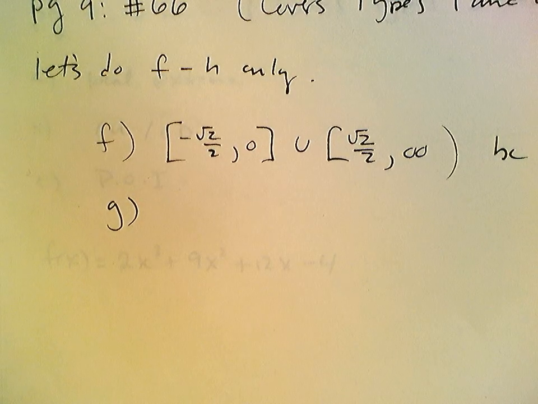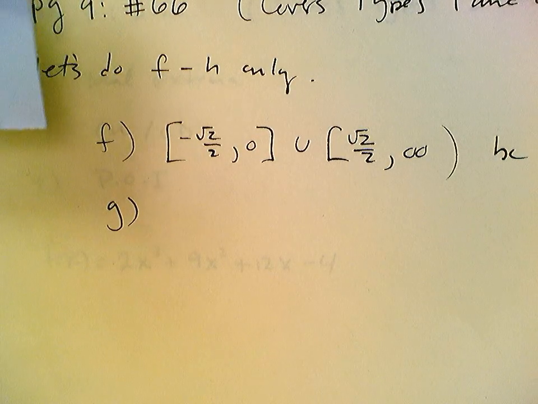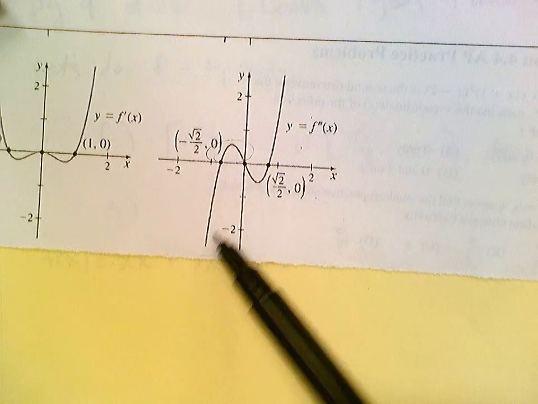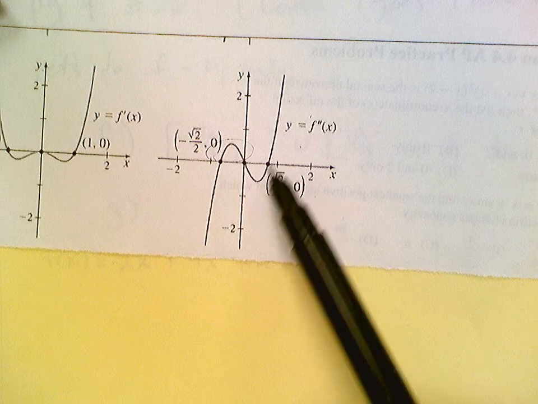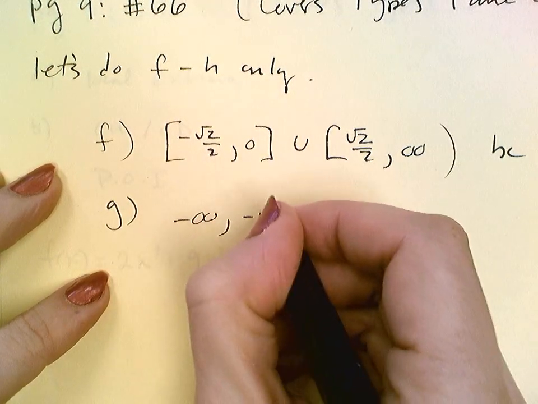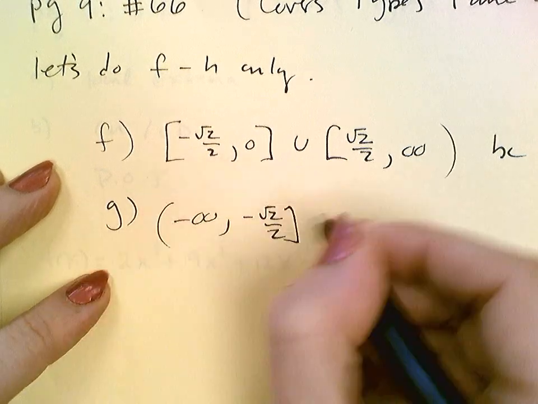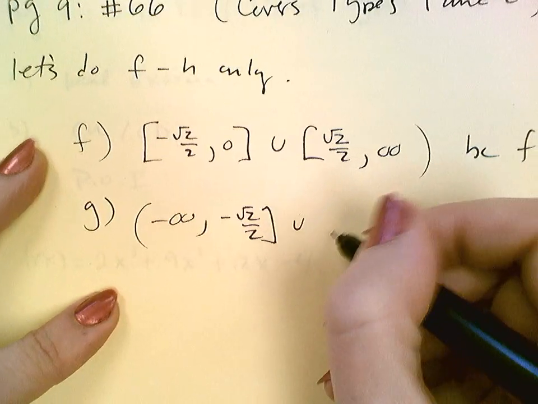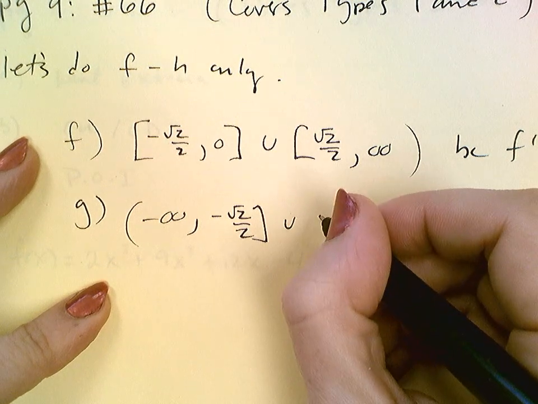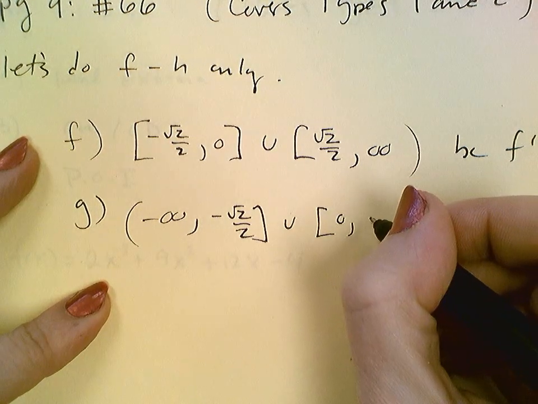G, concave down. I'm looking for where F double prime is below the x-axis or less than 0. So it's going to be this interval and that interval. So negative infinity up to that, union zero.